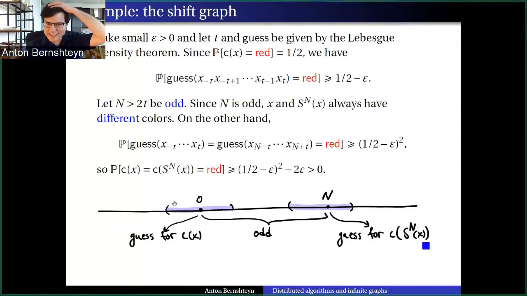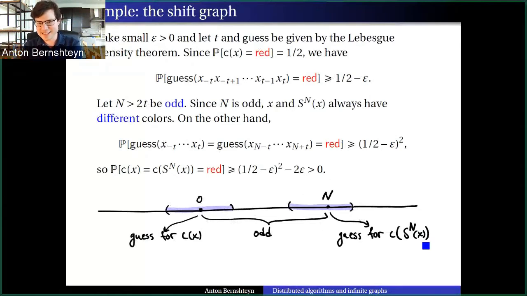But what do these guess exactly? This guess here, when you look at this interval, is guessing what the color of x is. And it only makes a mistake with probability less than epsilon. And here we're looking at, if you shift this whole sequence to the left n times, then this will be around 0.